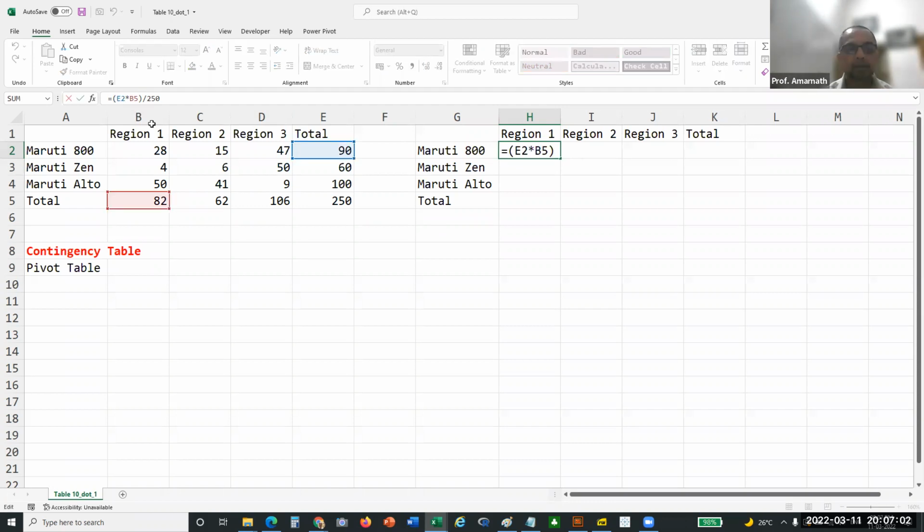So this is the dollar sign, or relative references. So this portion has to be fixed.